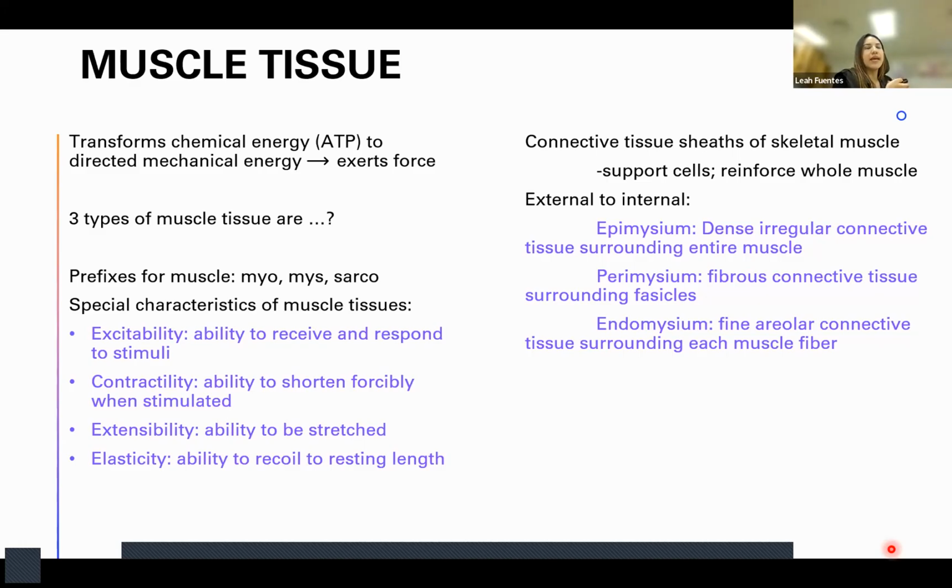I would know how to label it, which it will show up in a second, and also what type of connective tissue is in each of the layers. So first we have epimysium. This is dense, irregular connective tissue that surrounds the entire muscle. Perimysium, this is the fibrous connective tissue surrounding the fascicles. And then endomysium, which is the fine areolar connective tissue surrounding each muscle fiber.